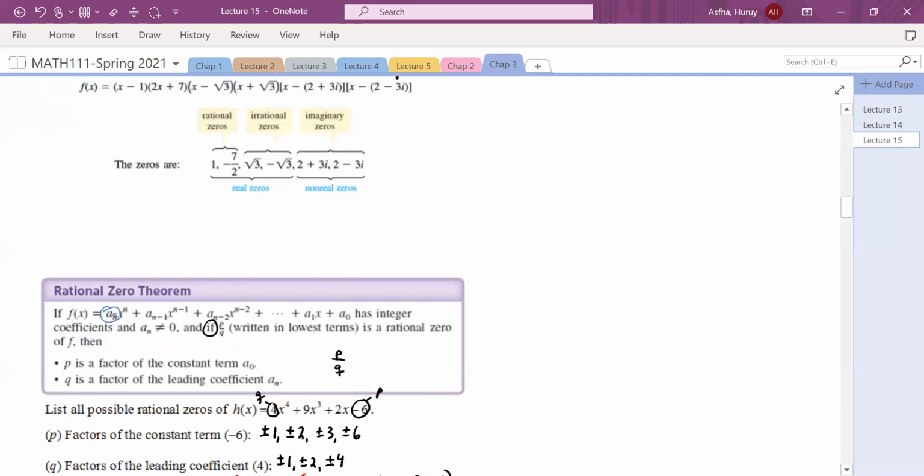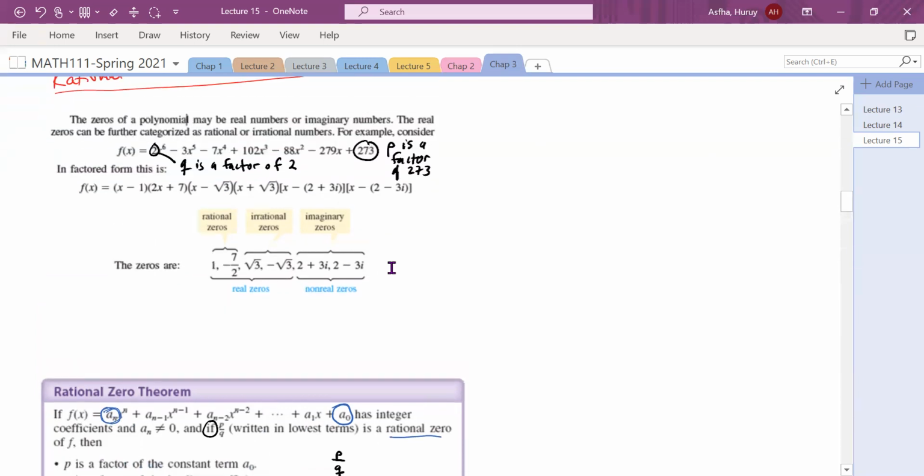And if it has integer coefficients, this an, an minus 1, and so on, if they are integers, and if p over q written in lowest terms, when you simplify this one, is a rational zero of f, then p is a factor of the constant term a0, constant is this one, and q is a factor of the leading coefficient an, which is this one. Okay.